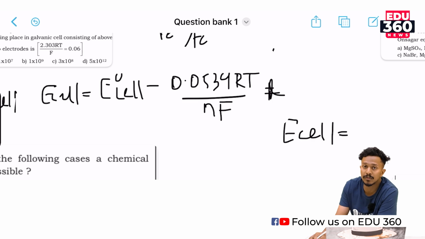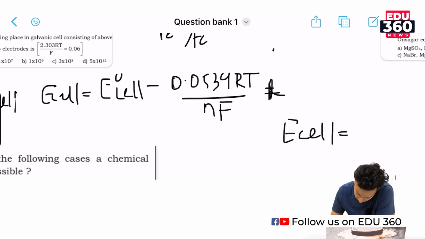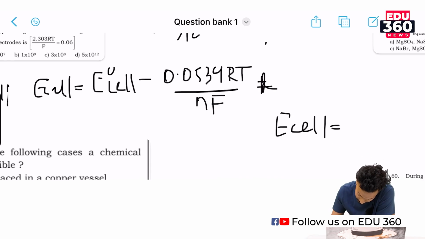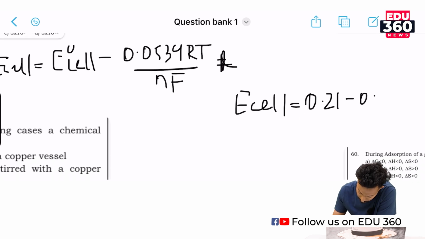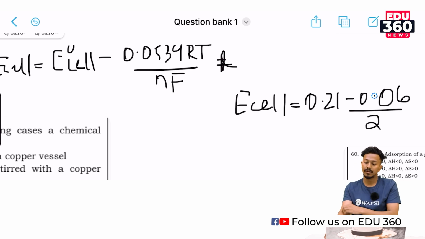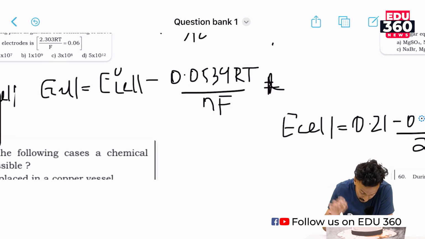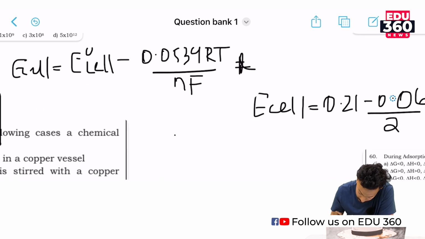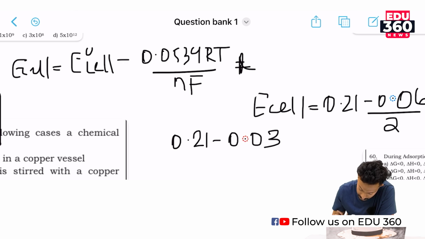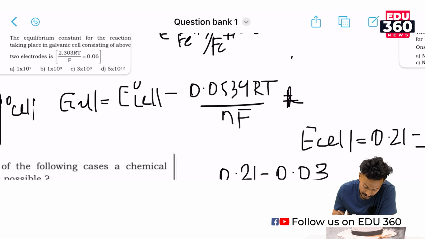The number of electrons here is 2, so E cell is equal to 0.21 minus 0.06 by 2, which is 0.03. Upon removing that, we get 0.21 minus 0.03.